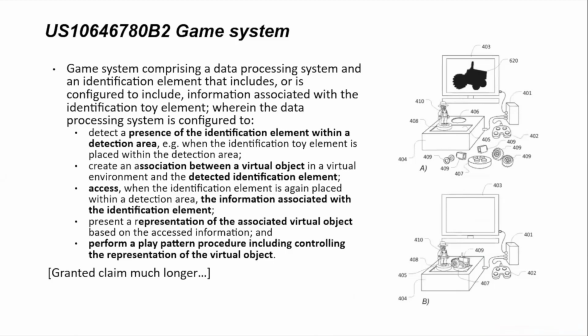And then in the game, you create an association between the virtual object in the virtual environment, the game, and the detected identification element. And then you access this and present a representation of the virtual object in the game, and you perform a play pattern procedure including controlling the representation of the virtual object.